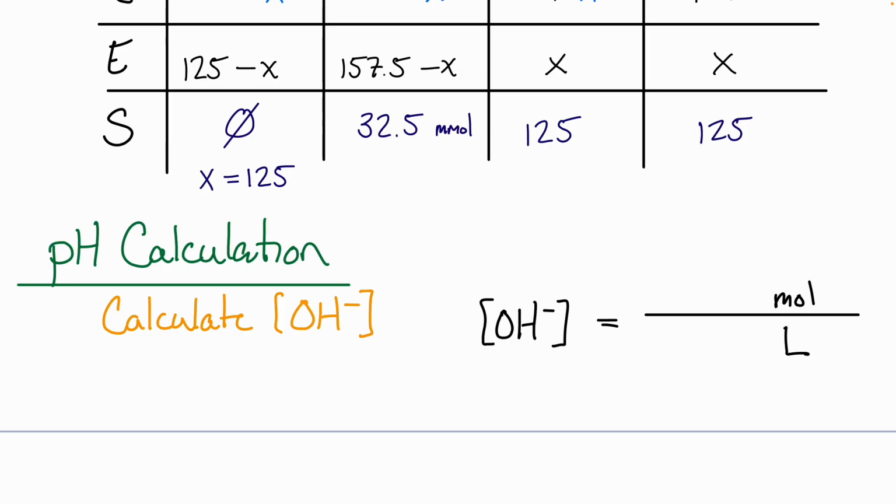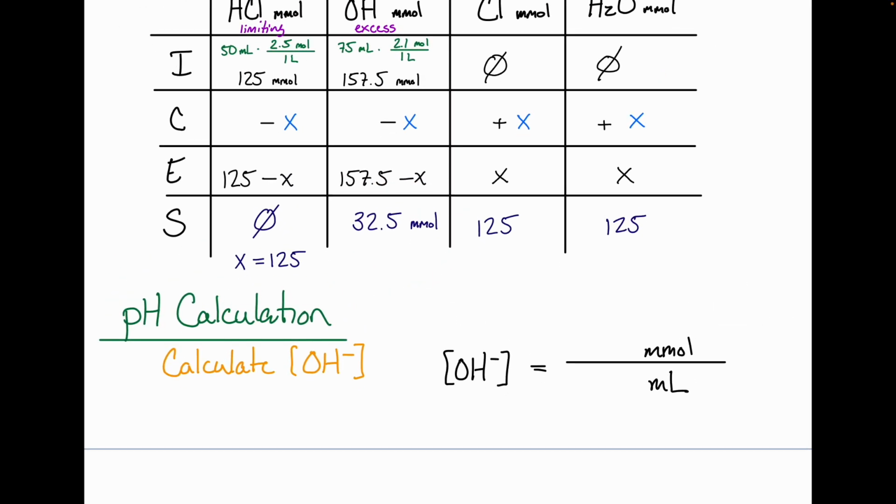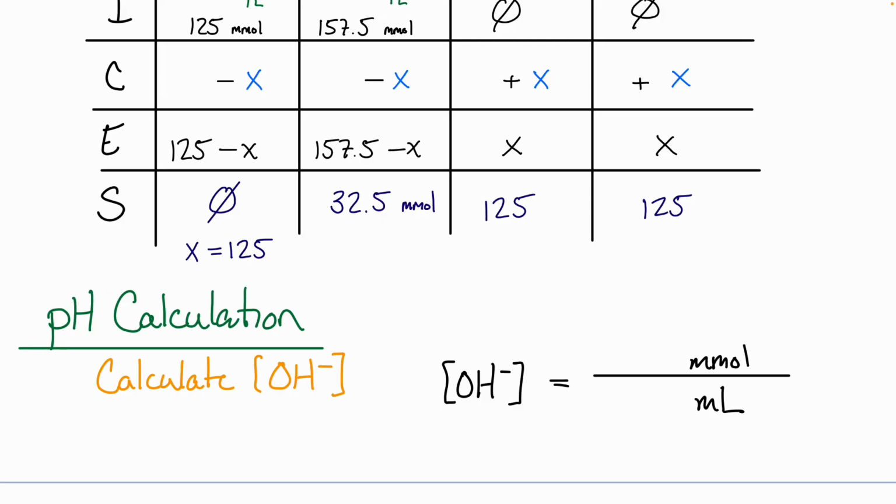Or for our sake, because it's going to be more convenient, millimoles over milliliters. The ICE table tells me I have 32.5 millimoles of hydroxide at equilibrium.